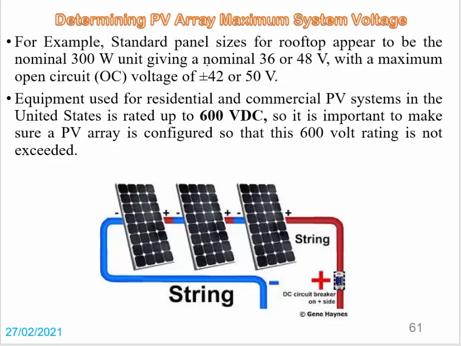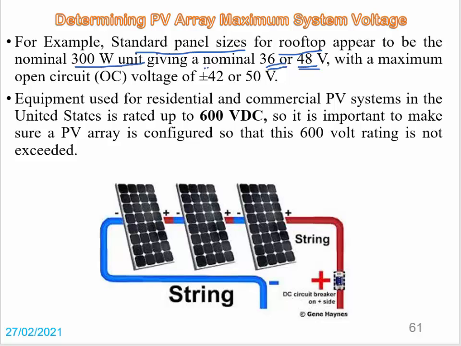The standard panel used for rooftops appears to be the nominal 300 watt unit, giving a nominal voltage during operation of 36 or 48 volts.